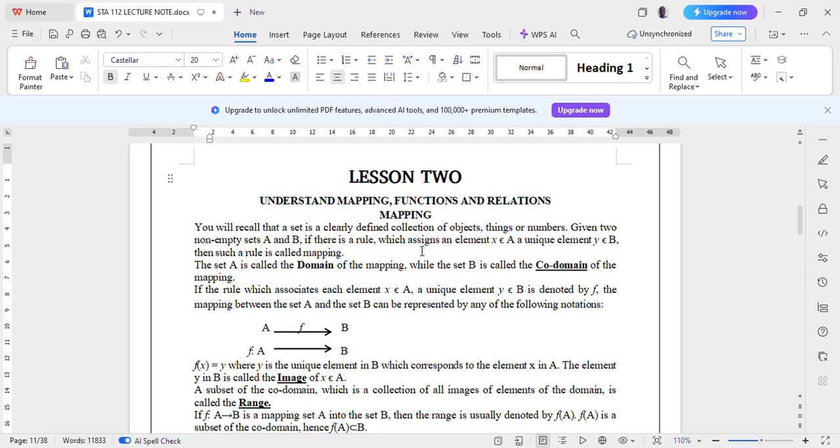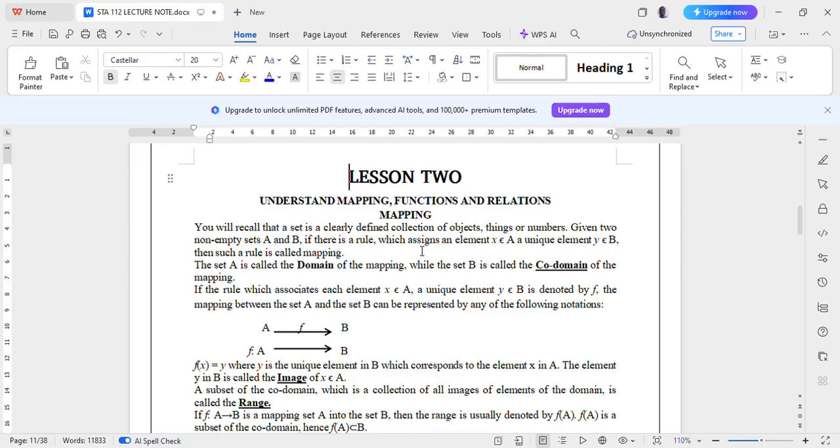Without wasting our time, recall that a set is clearly defined as a collection of well-defined objects, as in our previous class. These can be things or numbers.